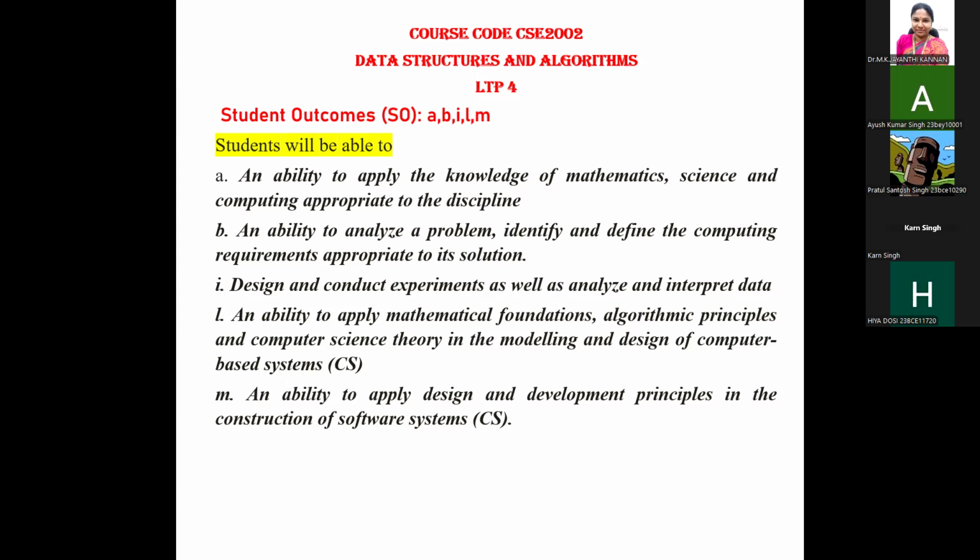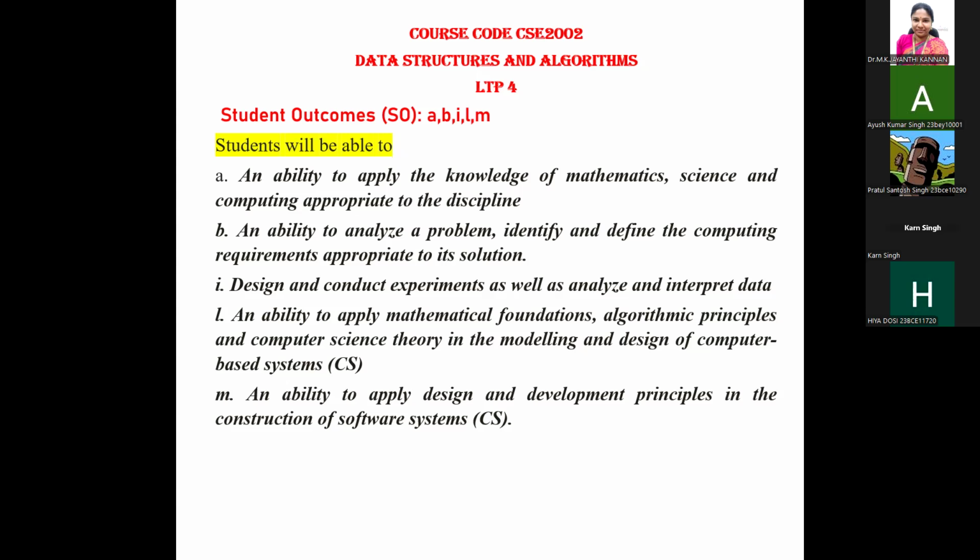The last student outcome is an ability to apply design and develop principles in construction of software systems. So they can design and develop the projects based on computer based principles, whatever theoretical aspects you are studying in this particular subject, especially stacks, queues, linked list, and those concepts, where we can make use of them in your real-time projects.